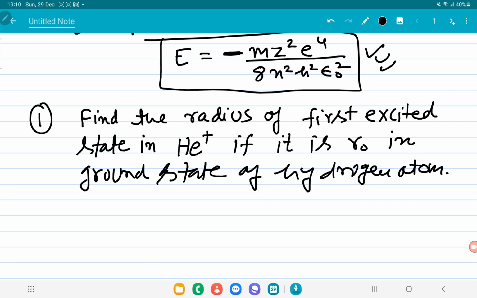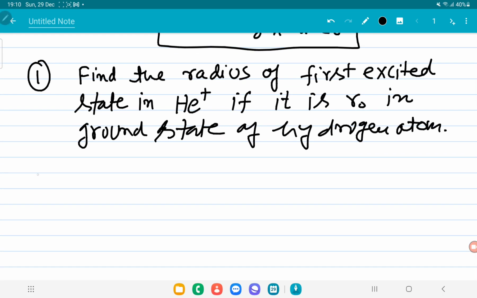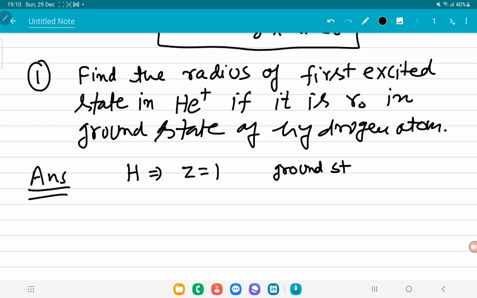Now this is a very easy question provided we know the expressions. So first thing is we have a hydrogen atom, and for hydrogen atom Z is equal to 1. For ground state n equal to 1.